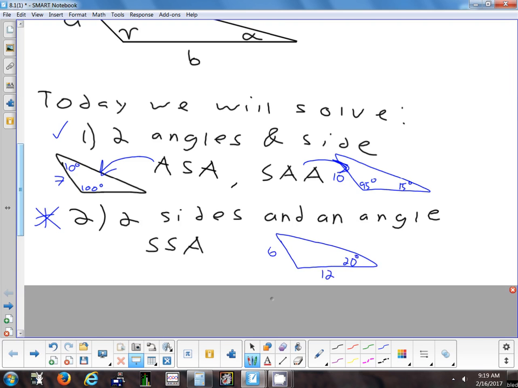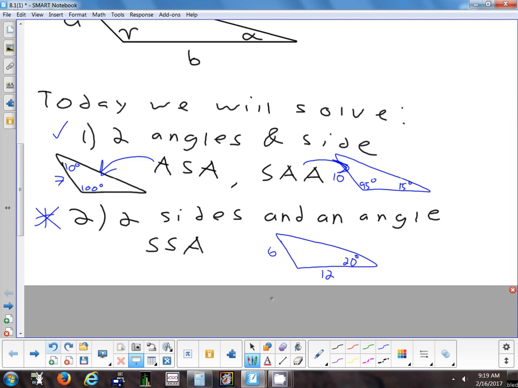You know a side, you know another side, but the angle that you know is not the one between the sides. That would be this one. And in fact, if you know the angle that I had circled a second ago, that's a totally different kind of problem. That's law of cosines. So we're not even going to look at that until after break.